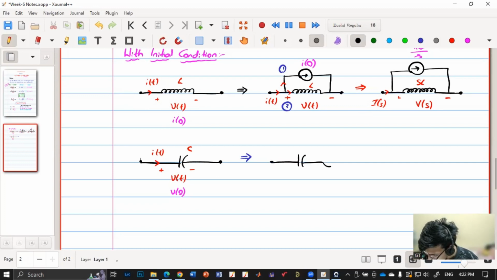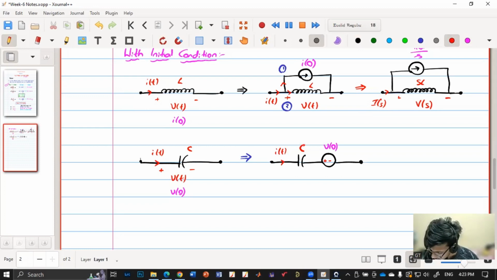The current is flowing in this direction, so plus minus will be in this direction. Maybe I'll use a different color so it will be noticeable. So now we have again I of t with the capacitor having no initial condition, in series with a voltage source V of 0, which is like an initial condition.